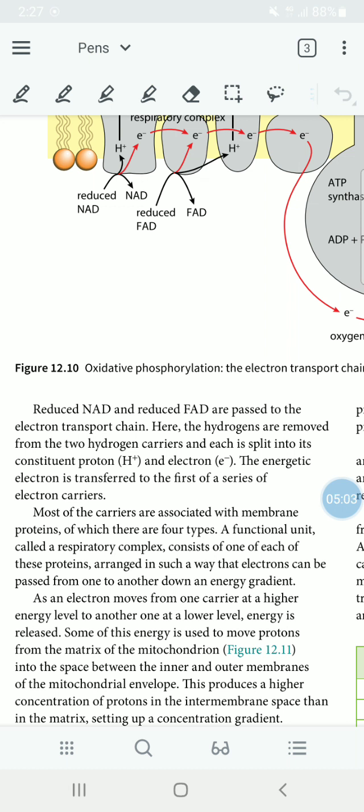Next point, hydrogen will split into the H plus ion, the proton, and the electron. And this electron is transferred through a series of electron carriers.